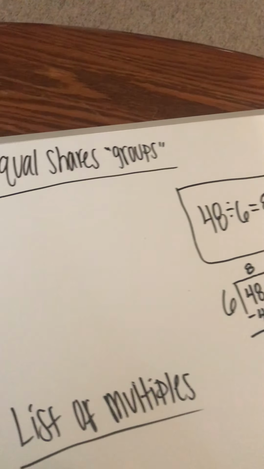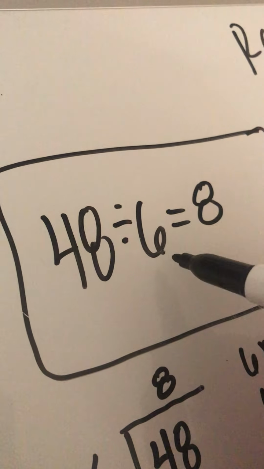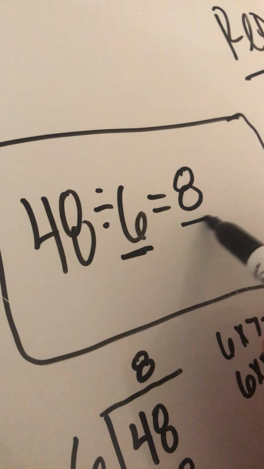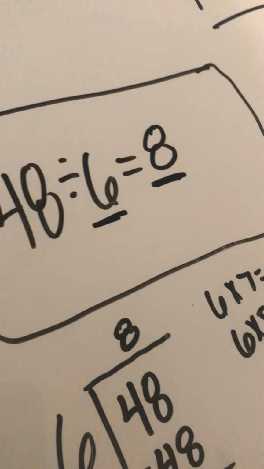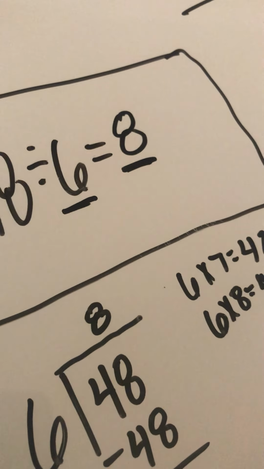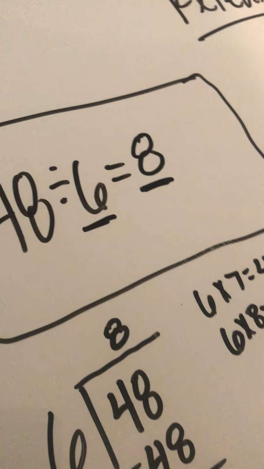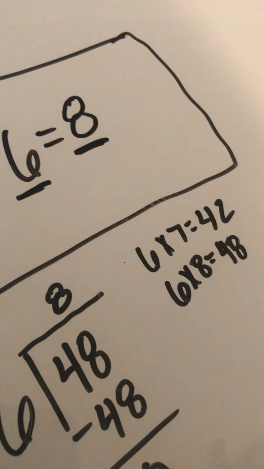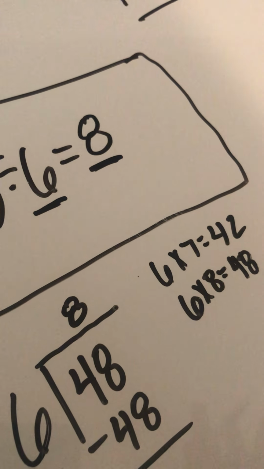Okay, so with this, I'm going to look at my two numbers. When I multiply them together, they gave me 48, which was the 6 and the 8. There are two ways you can do this problem to show equal groups or equal shares. Either way is fine. Both ways are correct. Do whichever way makes you more comfortable.